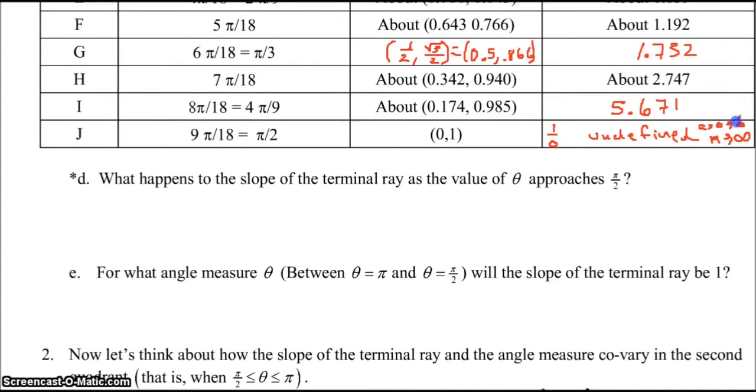Okay, because that's the next question, actually. What happens to the slope as the terminal ray of theta approaches pi over 2? As theta approaches pi over 2, the slope, which is sine theta over cosine theta, approaches infinity.